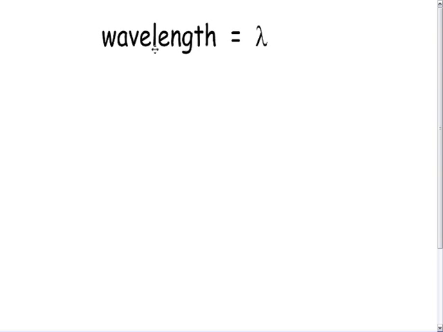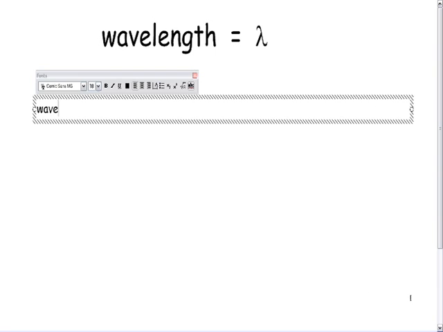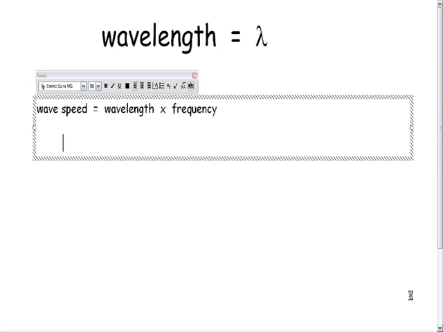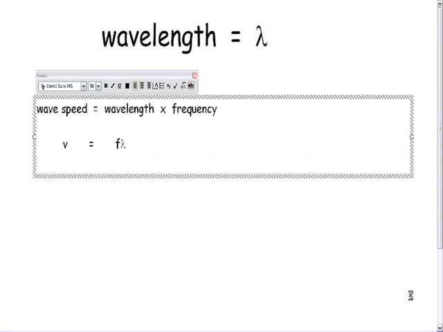So wavelength is lambda in any form of equation, and the general rule of thumb is that the wave speed equals the wavelength multiplied by the frequency. More often written as V for velocity, V equals the frequency f times lambda.